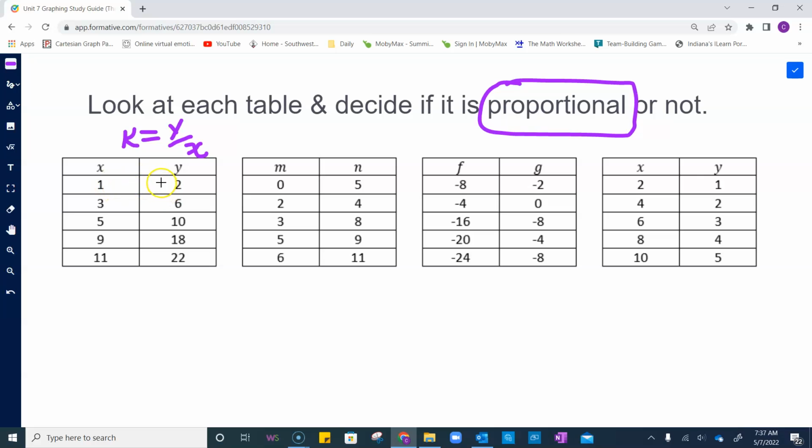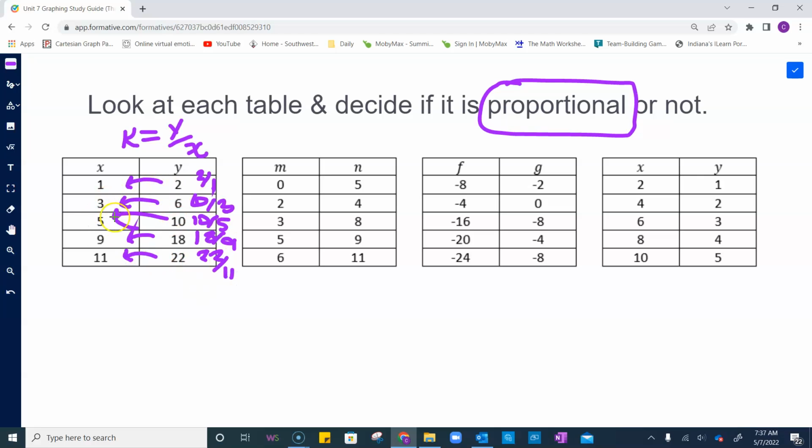So I'm going to just go 2 over 1, 6 over 3, that's equivalent to 2 over 1, 10 over 5, that's equivalent to 2 over 1, 18 over 9, that's equivalent to 2 over 1, and finally 22 over 11, which is also equivalent to 2 over 1.